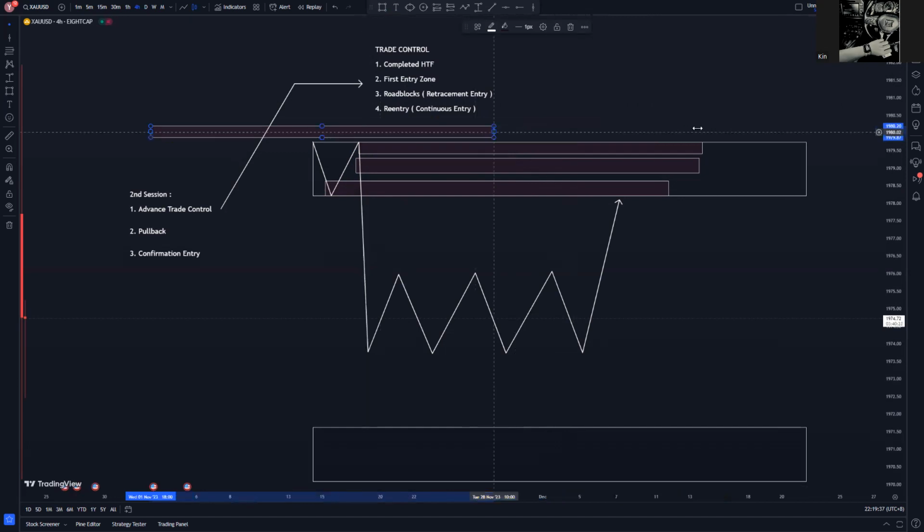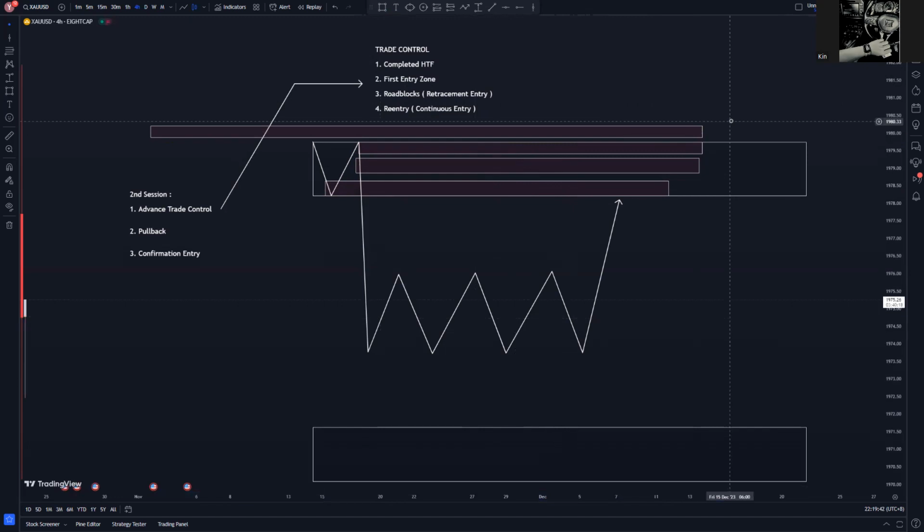So this last zone is going to answer: can we mark the zone even though that zone is out of our setup? The answer is yes, because as I say to my students, we need to be flexible with the zones. Because at the end of the day, what we focus on is the current market price itself, right?